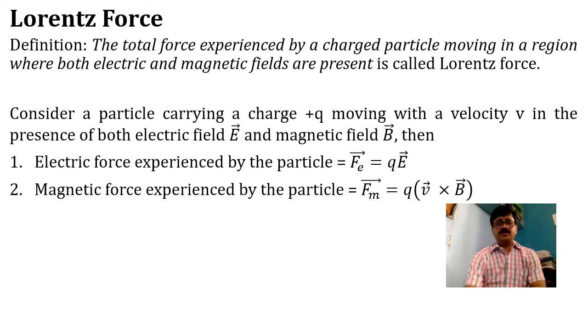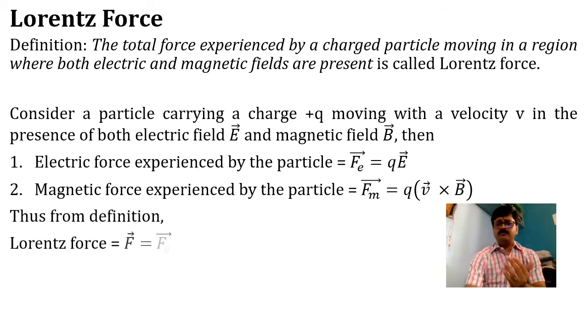Now, according to the definition, the combined force is nothing but Lorentz force. So let us sum them up. Vector F, which I am taking as the Lorentz force, becomes equal to Fe plus Fm, whose values we have already mentioned above.